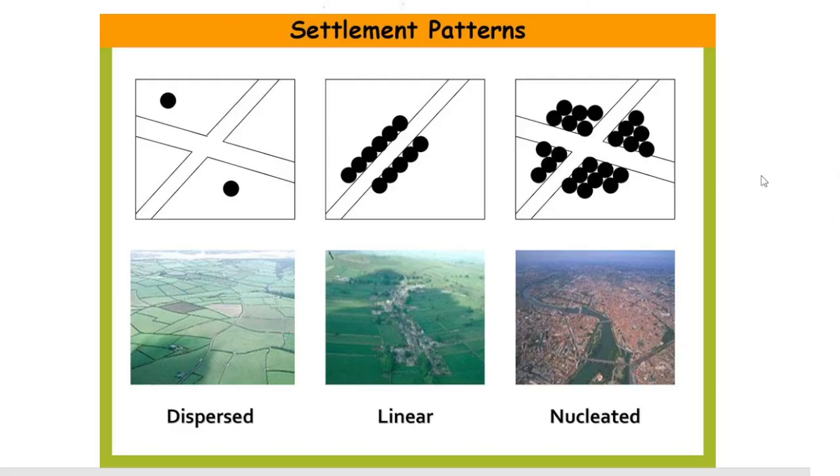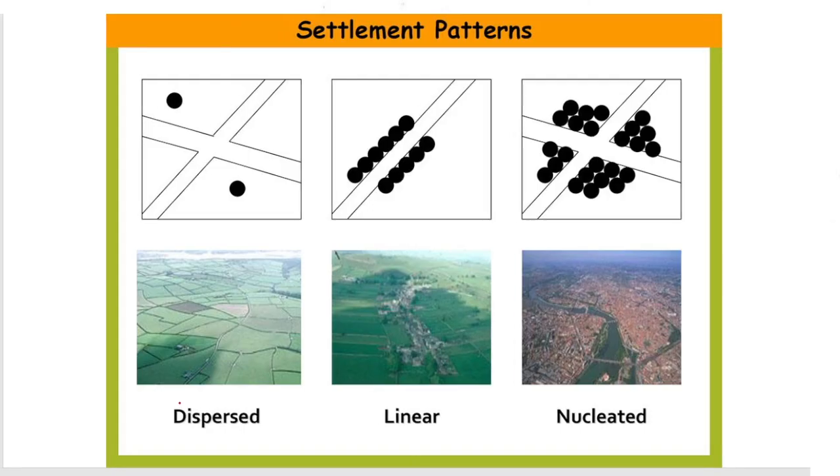Now let us see the three different types of settlement patterns which we are going to study in our topo sheet. First one is the dispersed one. Dispersed, in a sense, means they are located far away from each other, as we can see in this picture. The second one is the linear type.